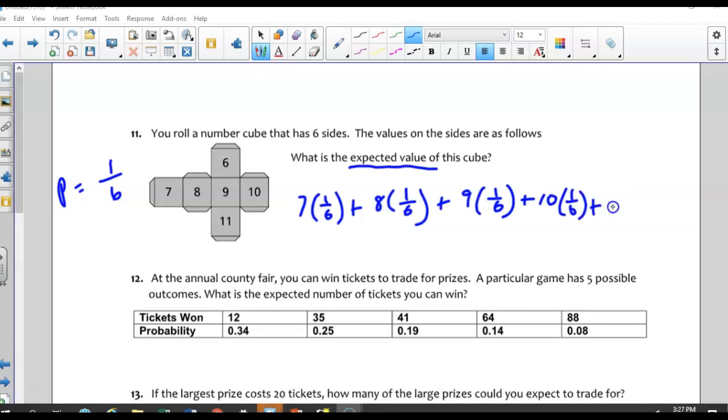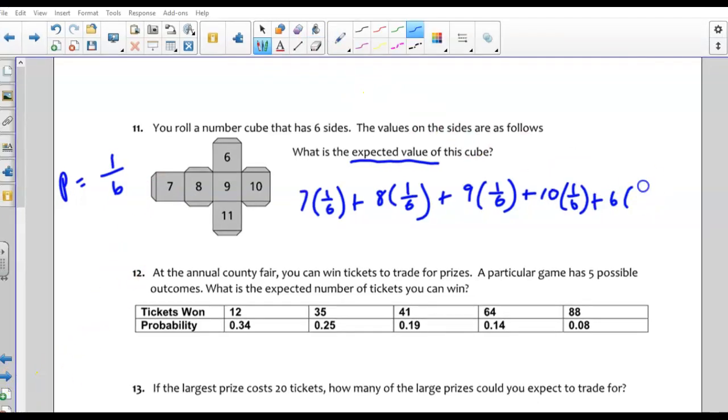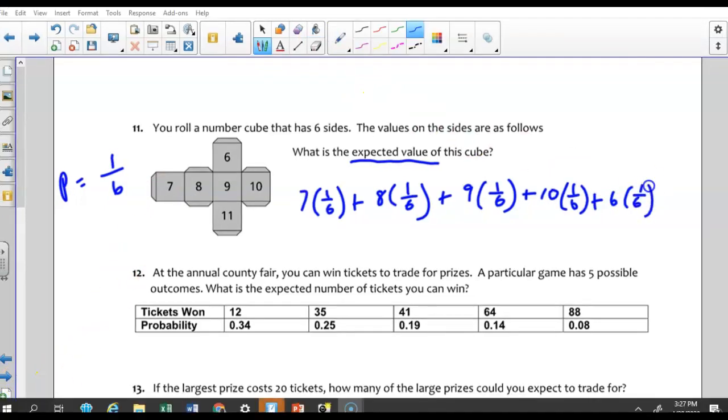The probability of rolling a 6 is 1/6. Let me fix that. And the probability of rolling an 11 is still 1/6, because it's 1 out of 6. So you throw all that in your calculator right there. You let that work.